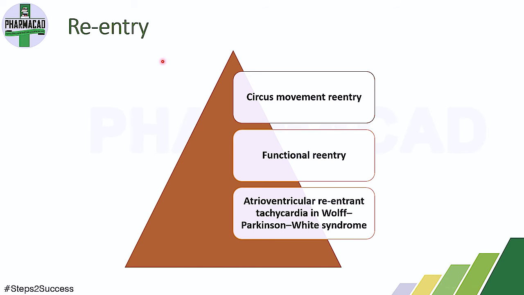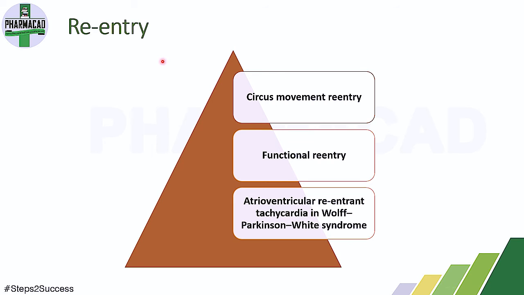Re-entry में क्या होता है? The impulse which is generated वो वेंट्रिकल वॉल तक जाता है और वो वापस घूम के हार्ट वॉल में एट्रिया में आएगा या फिर वेंट्रिकल में आएगा. So that is called re-entry. The same impulse which is generated does not contract only once, it is re-entering the wall and causing contraction again. That's re-entry.